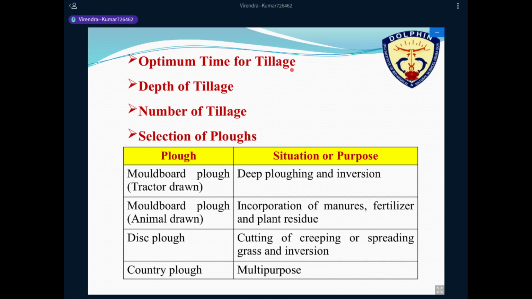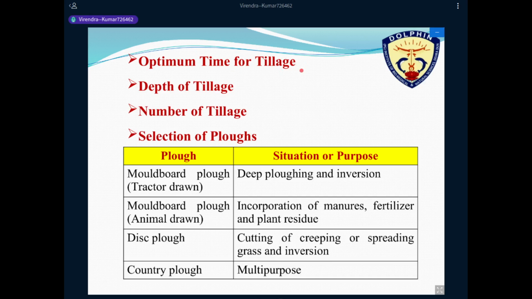So it totally depends on the availability of moisture. If your field is totally dry, at that time we do not conduct tillage, or it takes more energy and makes big, hard clods. Due to these clods, we can't sow any type of crop, because hard clods suppress seed germination, reduce the germination percentage, and hinder proper growth and development of the crop.